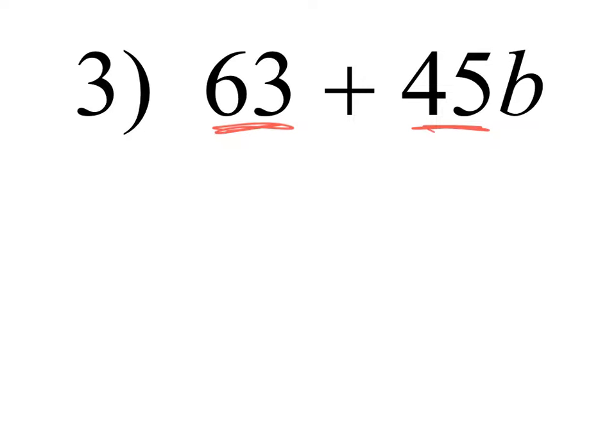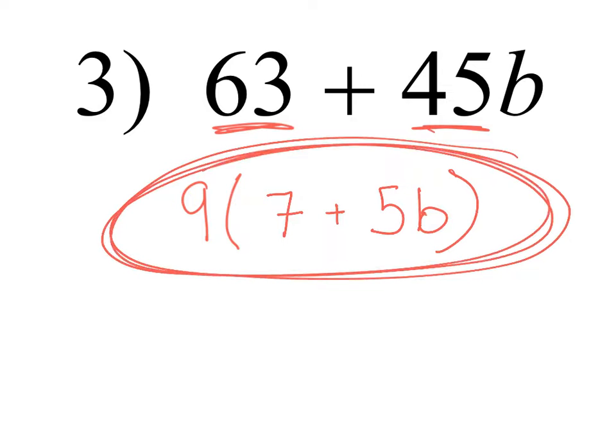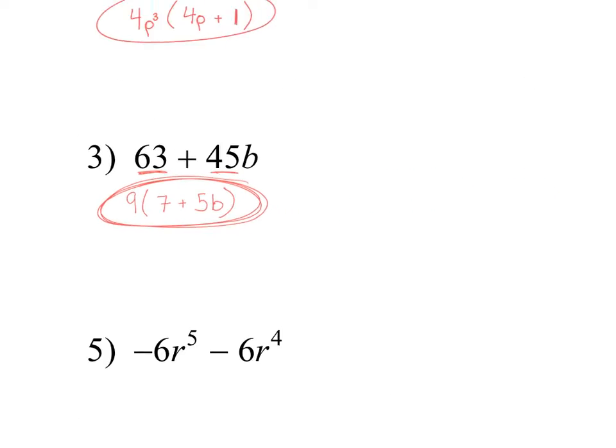So they both have a 9 involved in them. So let's pull 9 out here, and because they don't both have b's, that's all I can do. So then 63 divided by 9 is 7, plus 45 divided by 9 is 5, and then we do have a b. So there we go, right? 9 times 7 plus 5b.